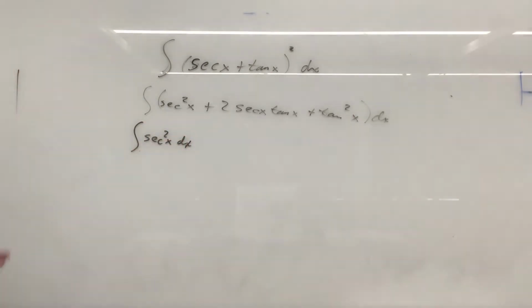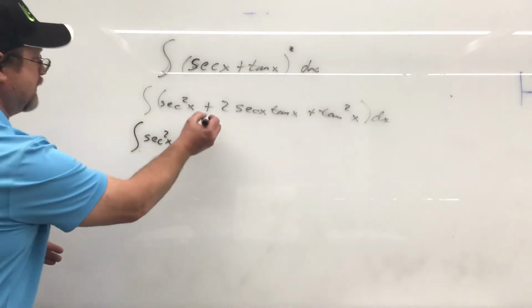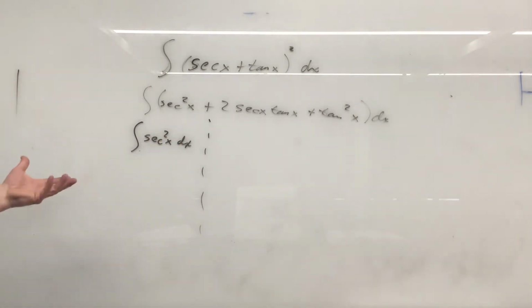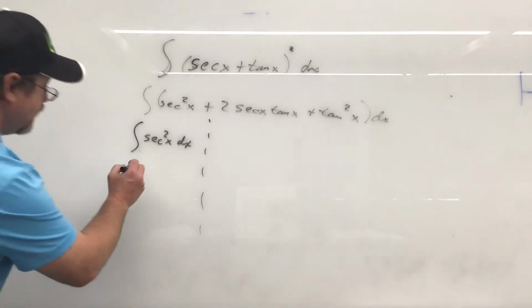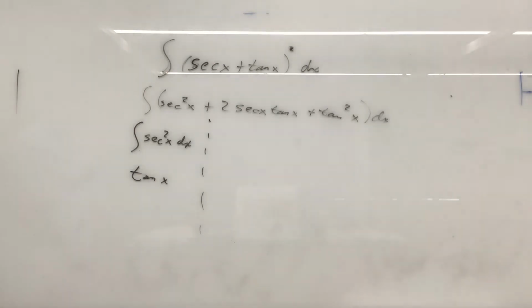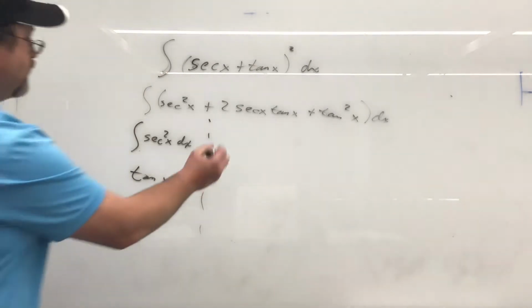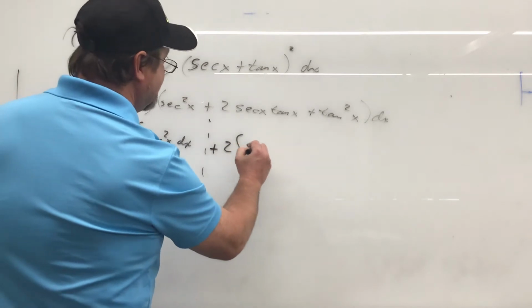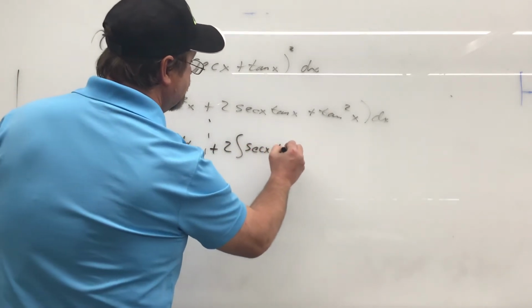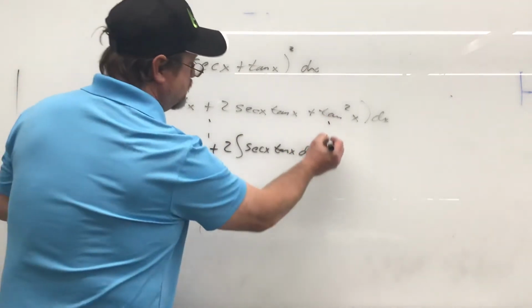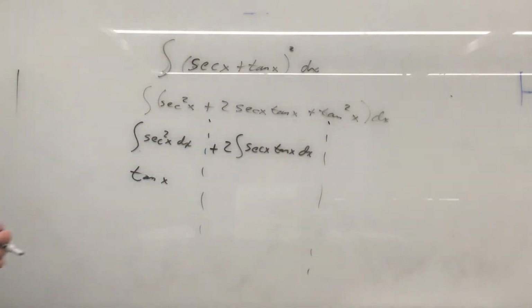When you take the derivative of tangent, you get precisely secant squared, so this would integrate to tangent of x, and for that piece we're done. What about over here? Plus 2 times the integral of secant x tangent x dx, again separating them out to deal with them separately.